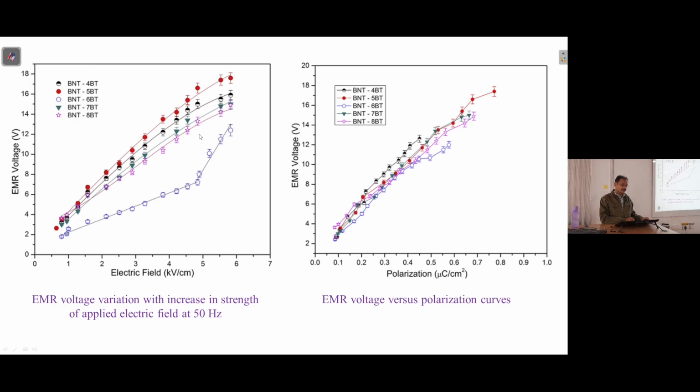Now if we compare this last one with the remaining four, these are giving a continuously increasing trend as the applied electric field increases, right? But for this one it's not like that.